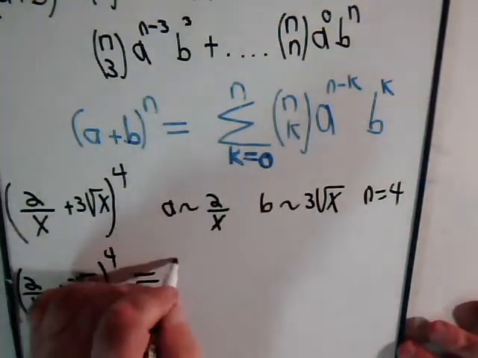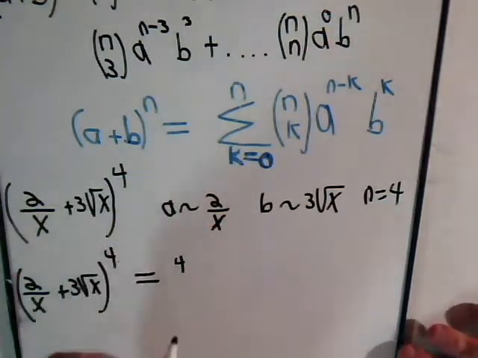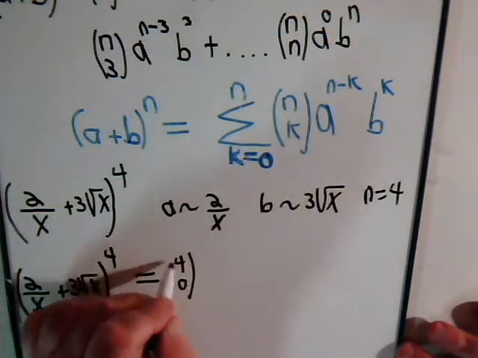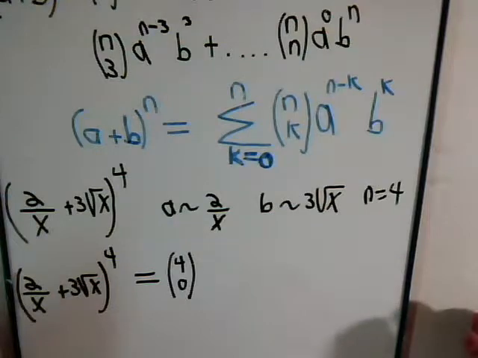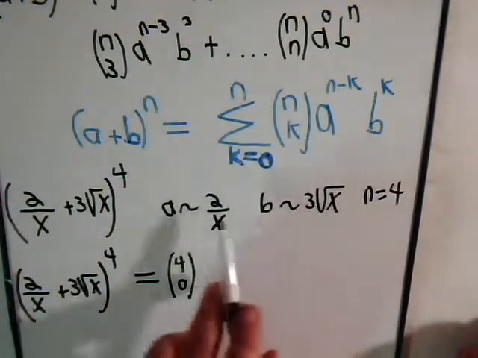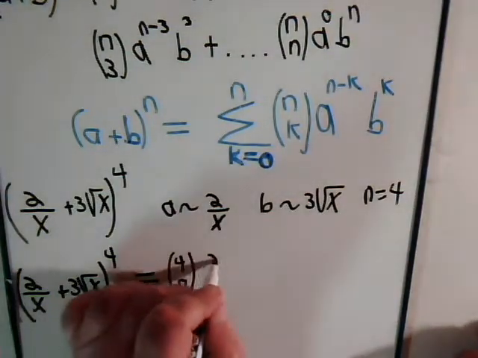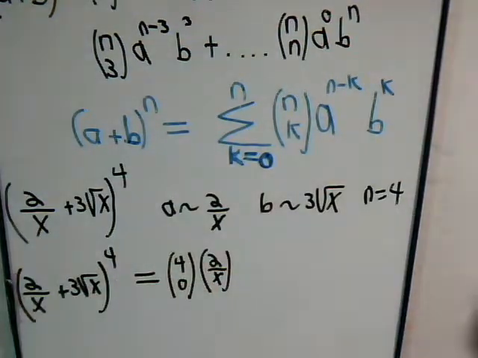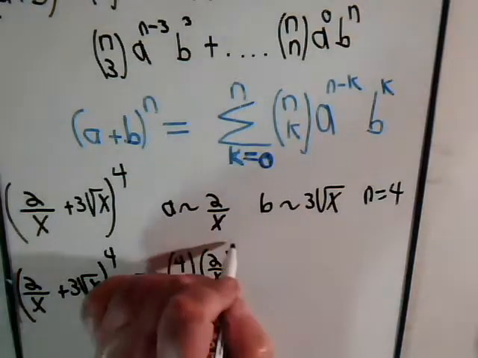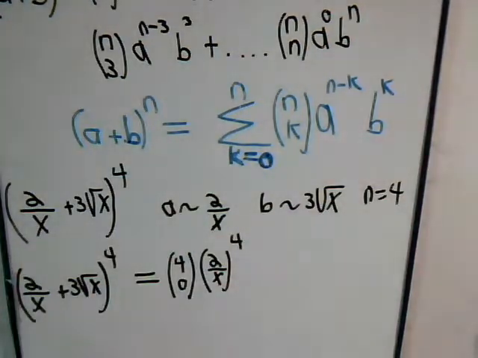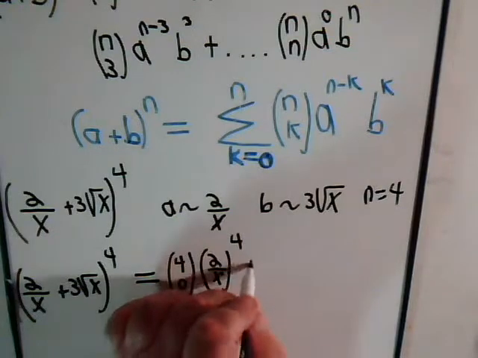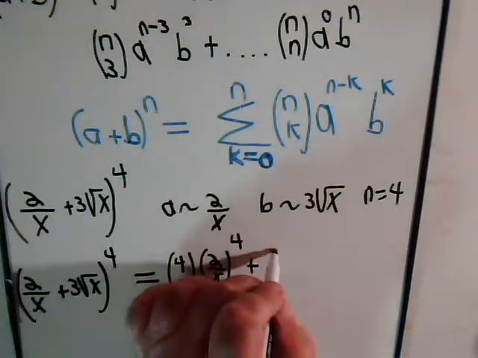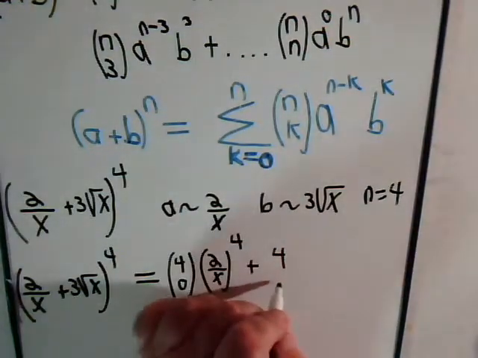N is 4. We start off with k being equal to 0, so that gives us this binomial coefficient. The a term, which is this, is going to be raised to the n minus 0 power, or 4 minus 0, which is 4. So the next term now, k now equals 1.